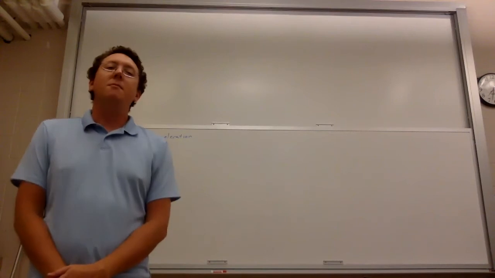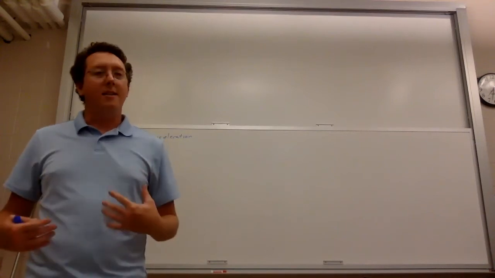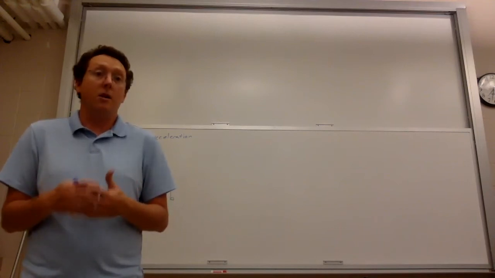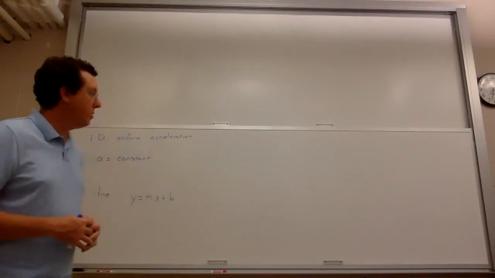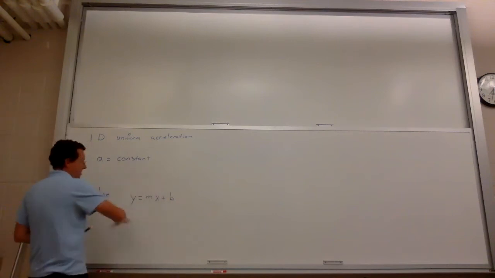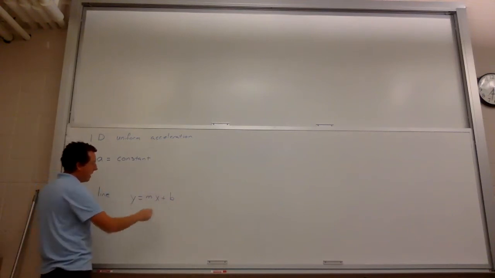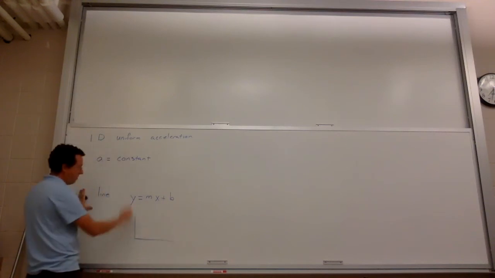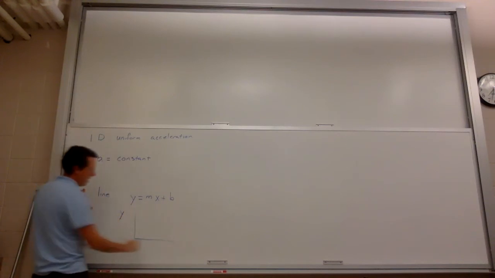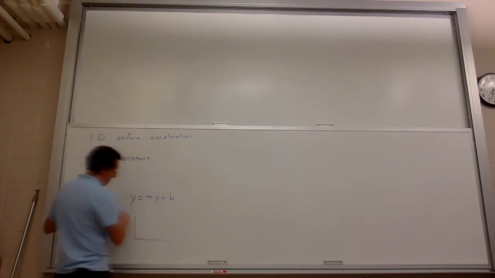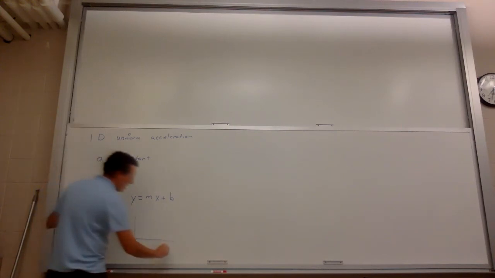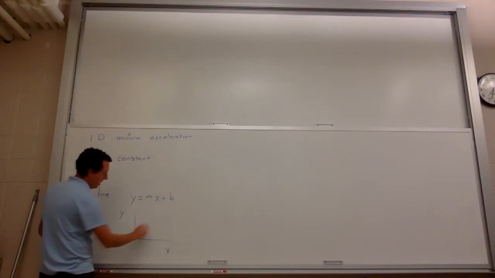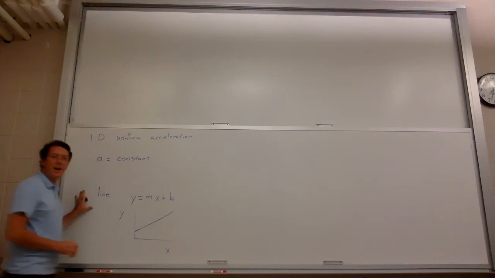We need to modify this, change the lettering so that it refers to things that we've been talking about, so that it's useful for us. This is only appropriate if you have a graph where the vertical axis is labeled y, the dependent variable, and the independent variable is labeled x, and then you would have a line, something like that.